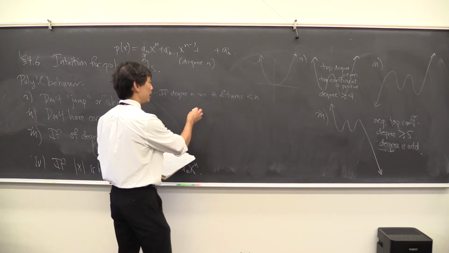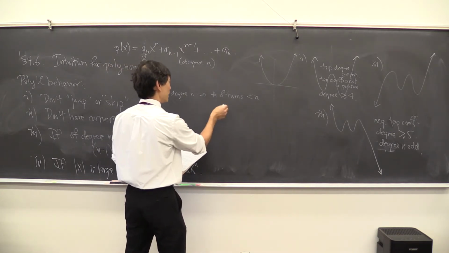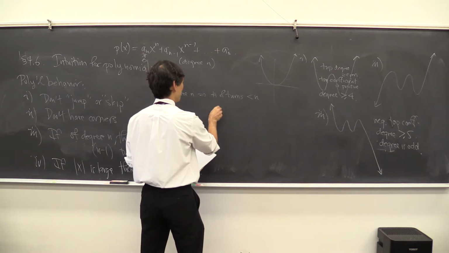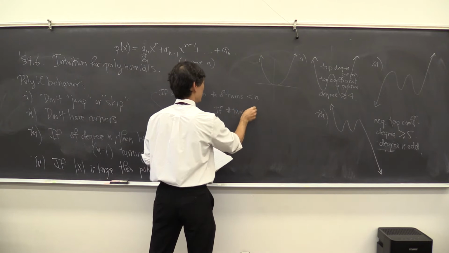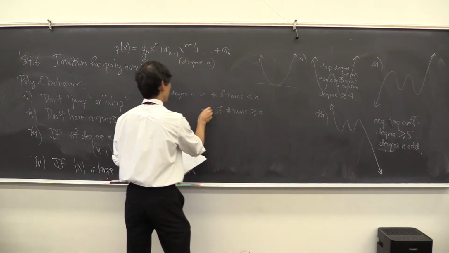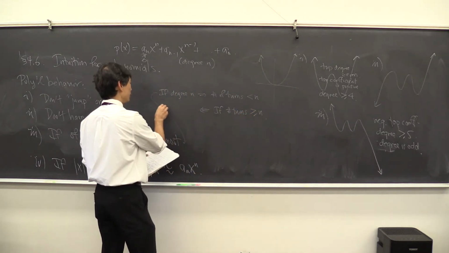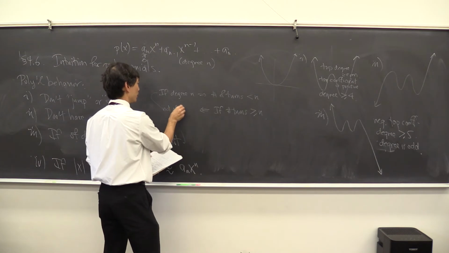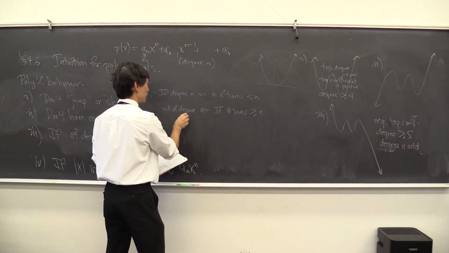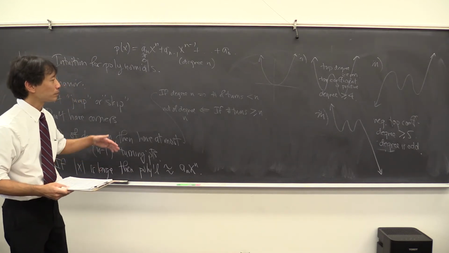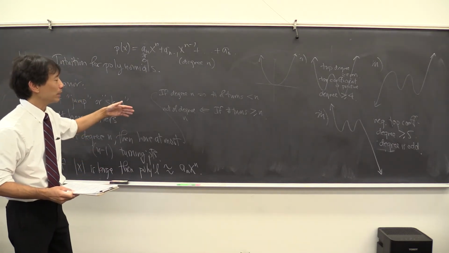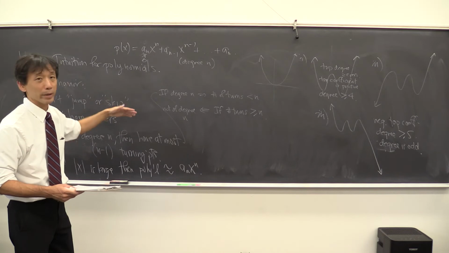What does that tell you? It tells you that if the number of turns is greater than or equal to n, then it's not of degree n. So the degree actually has to be greater than n.